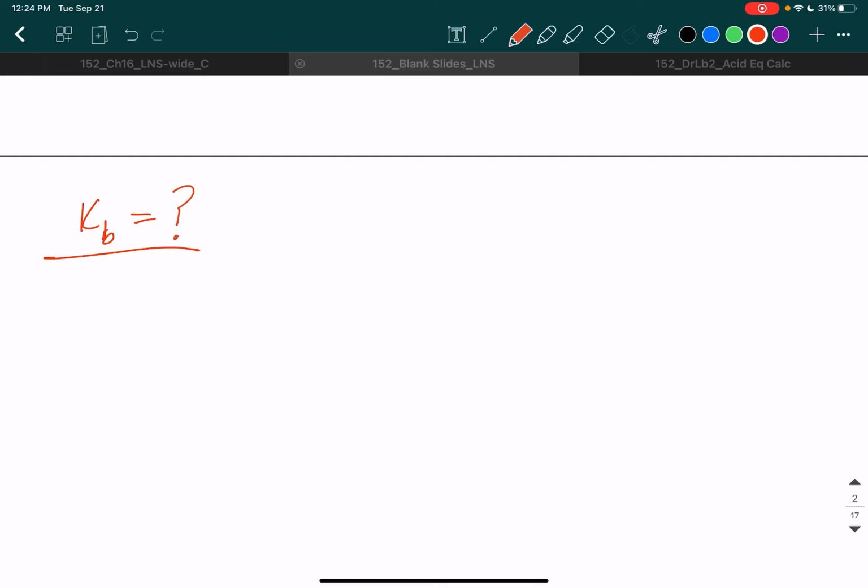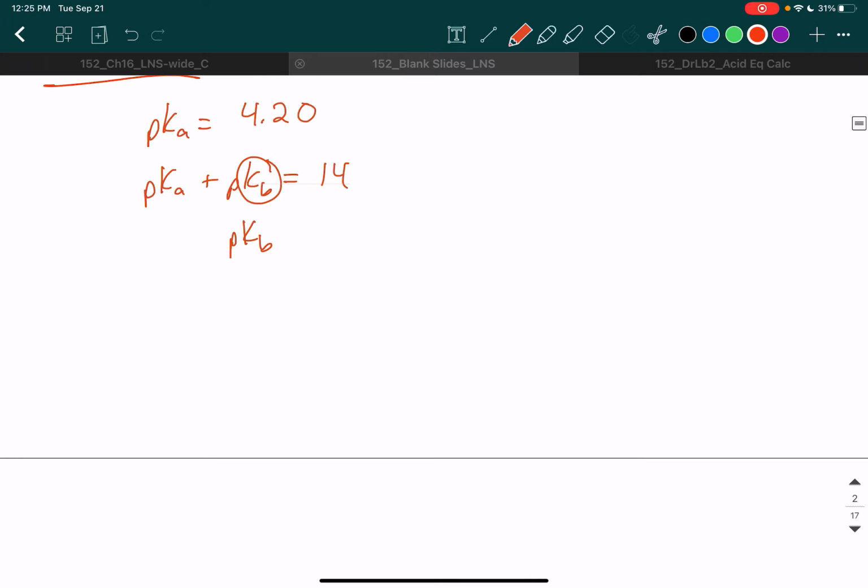Okay, so we know the pKa, that is a number, 4.20. We know this formula is true, 14. So I see Kb embedded within that, so I'm going to solve for the pKb. That's pretty good math.